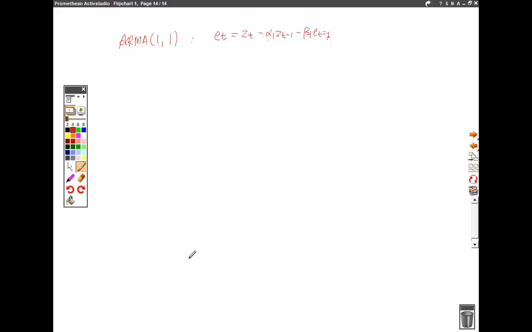And once you have that error term, you update it and put it again in the equation and you get another error term. And you continue doing this until the value of the error term which you substituted initially is the same as the one which you get at the end once you put in the data with the model that you have estimated. So I think I can maybe summarize it again in case this was confusing.